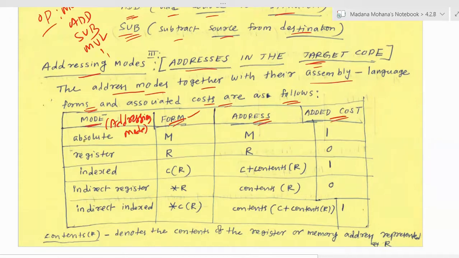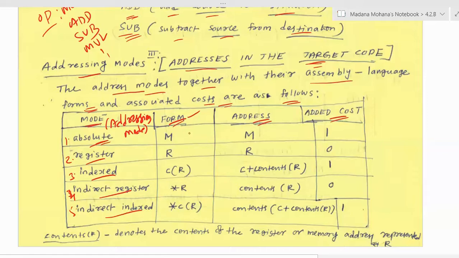You can see first the absolute addressing mode, then register addressing mode, then indexed addressing mode, then indirect register addressing mode, then indirect indexed addressing mode. These are all the familiar addressing modes.